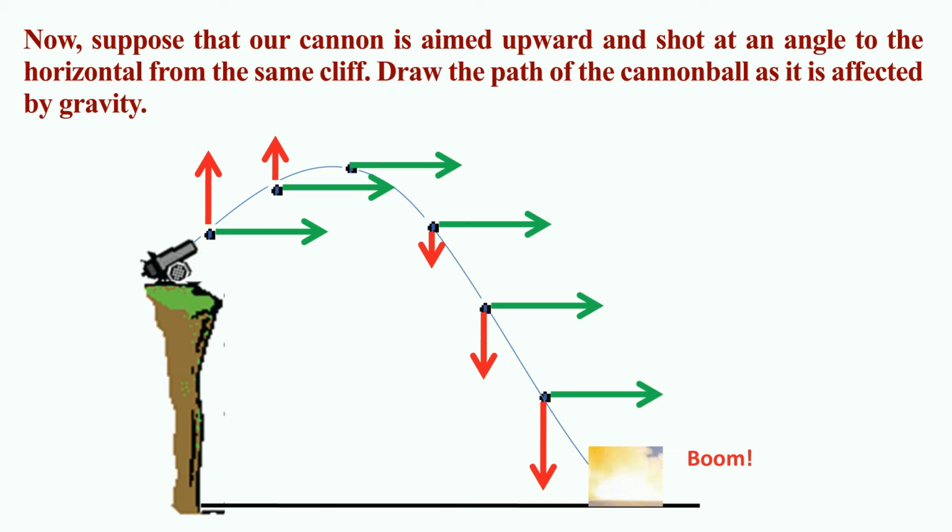And you can see what is happening: the horizontal component, we have said earlier that it is constant, so it does not change. It remains the same. From the initial state where the ball was fired from the cannon, it was fired with a greater velocity. And we can see that at point 1, the velocity is greater than at point 2. Which means that as it is moving vertically, the velocity is decreasing.